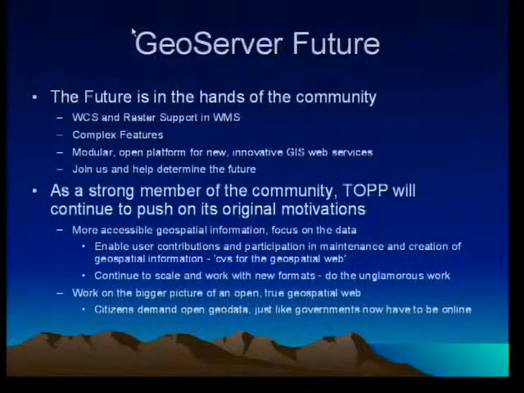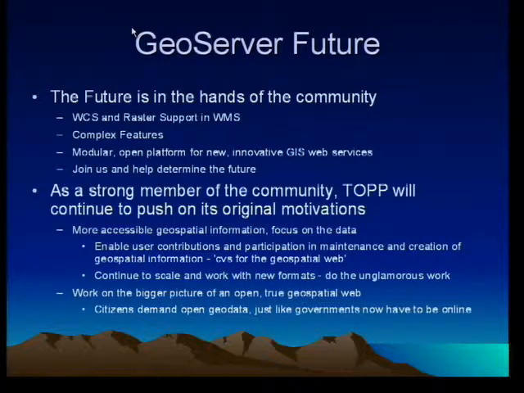So as for the future, it is really in the hands of the community. And from the community, we're seeing WCS, which is another specification that lets you get at the raw data of a raster as opposed to vector imagery, which the WFS does, and putting raster support in WMS, you can read GeoTIFF and NetCDF and JPEG 2000, all those formats in.